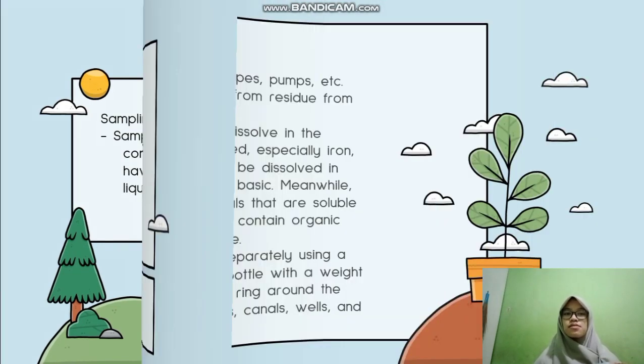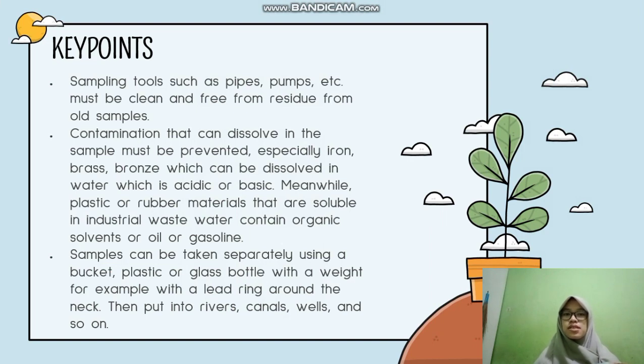Then, sampling tools such as pipes, pumps, etc. must be clean and free from residue from old samples. If the former sample had a much higher concentration, it will usually affect the reading.